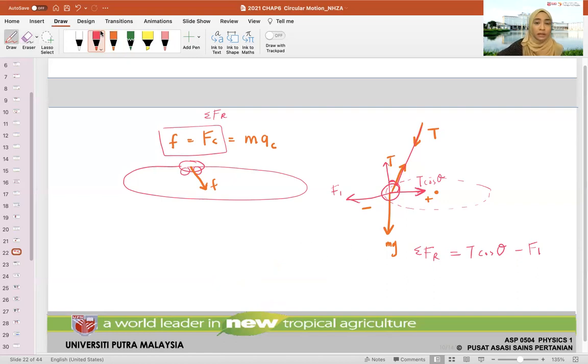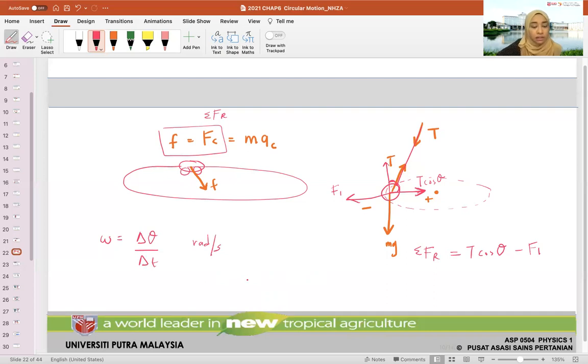We also talked about angular speed, which is omega. Omega is delta theta, the change in angle over the change in time. The units would be radians per second, which is the SI unit.